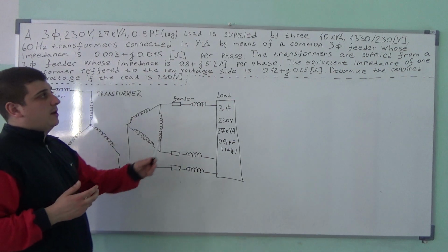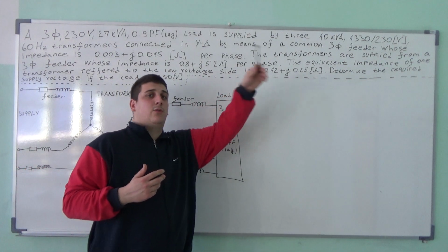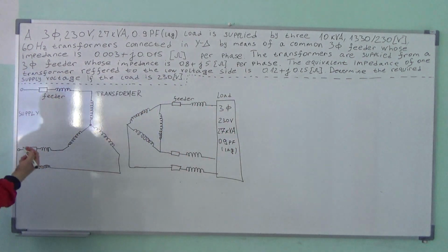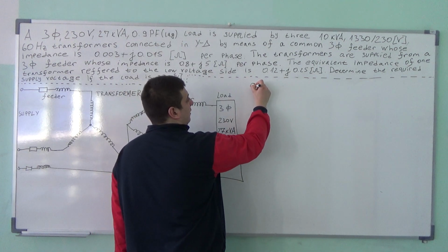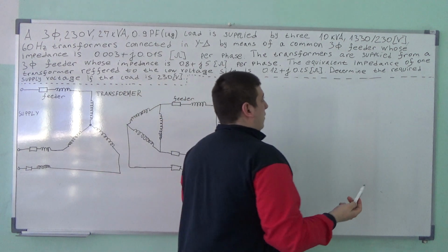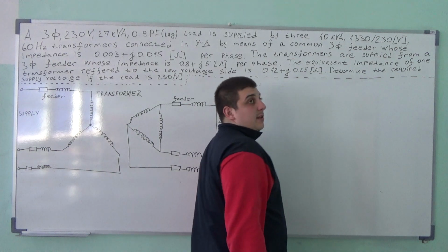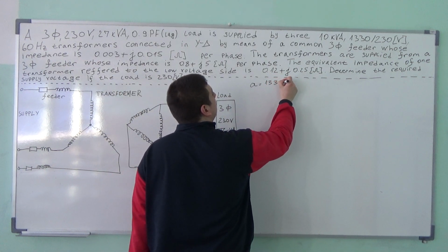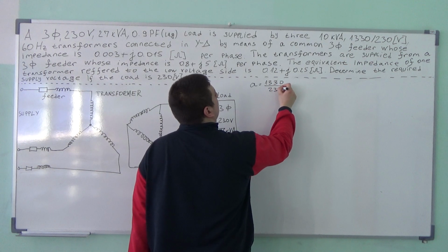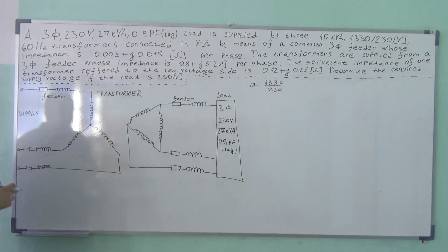So let's first refer this to the high voltage side. If we want to do that, we first need to know the turns ratio. The turns ratio of this particular transformer we know from the rated voltages, which is equal to this. So let's leave it like this.